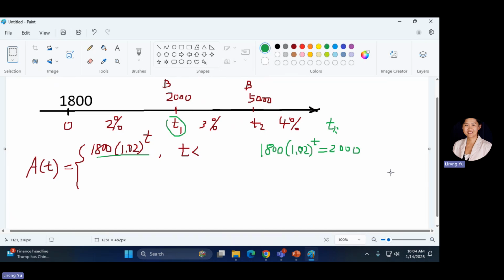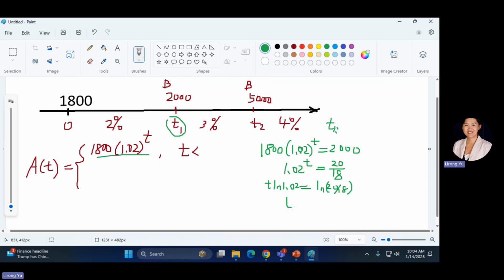So we divide both sides by 1,800, and then we have 1.02 to the power T equal to, essentially, 20 divided by 18. Then to solve for T, we take the natural log of that equation. So we have the natural log of 1.02 to the power T on the left side, and the natural log of 20 over 18 on the right side.